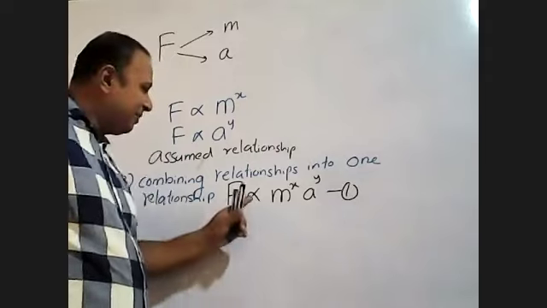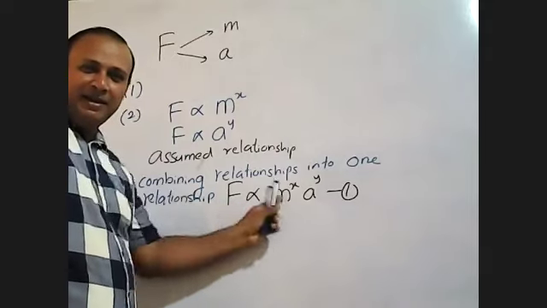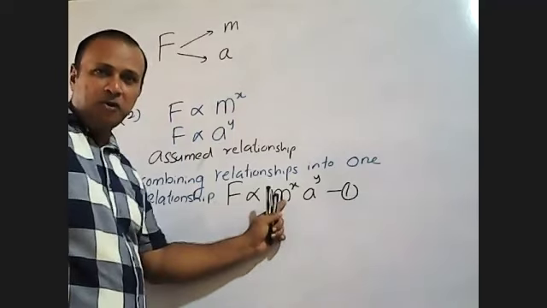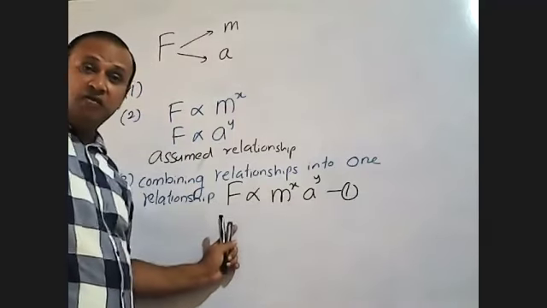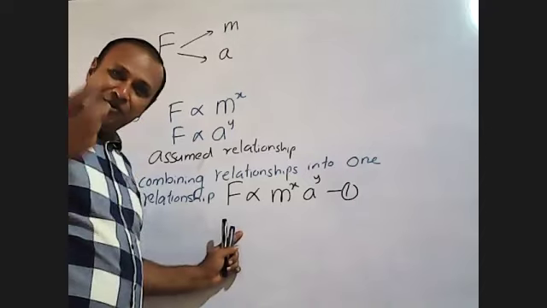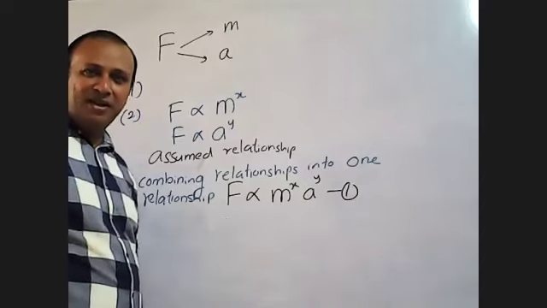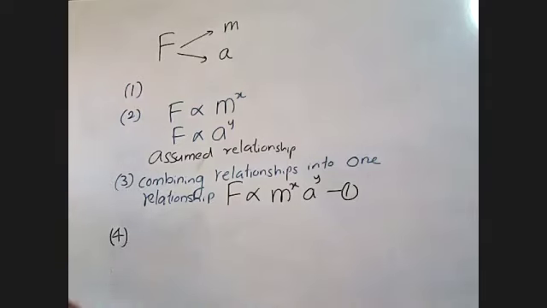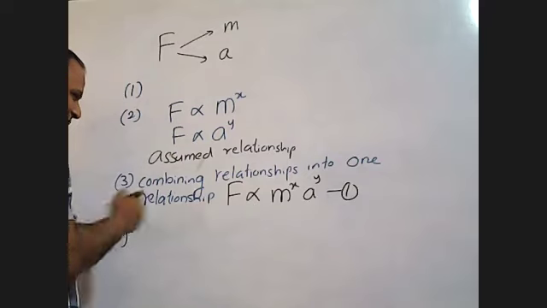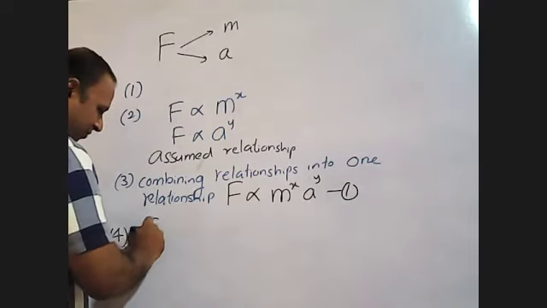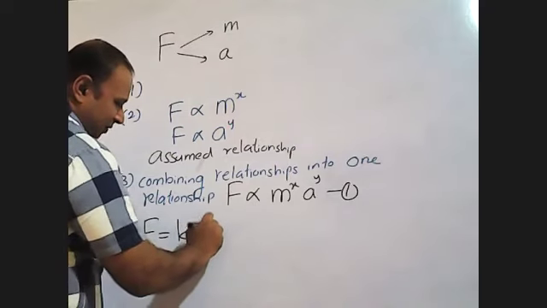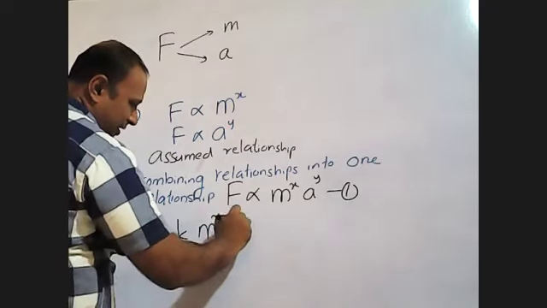This is a direct proportionality. Therefore, the ratio between them is a constant. That definition can be used to convert that relationship into an equation. So if I convert this into an equation, then you will have F equals k m to the power x a to the power y.